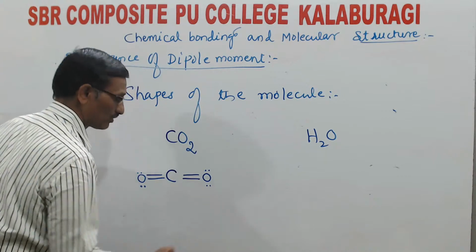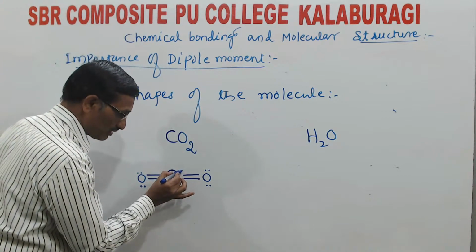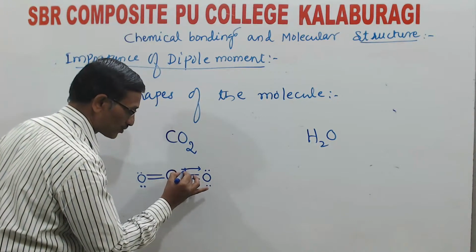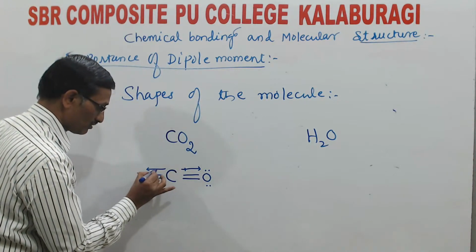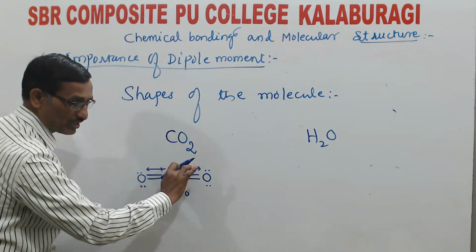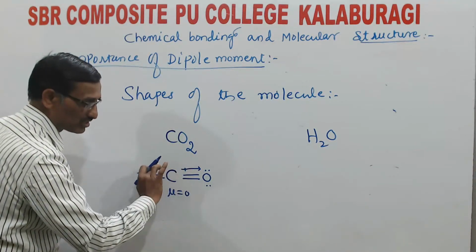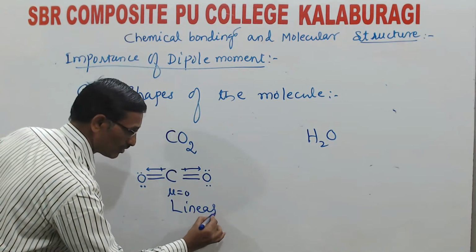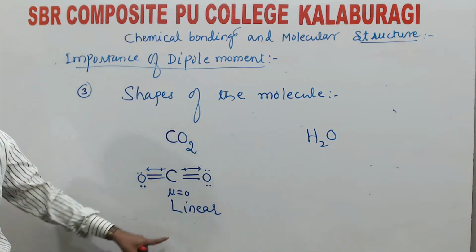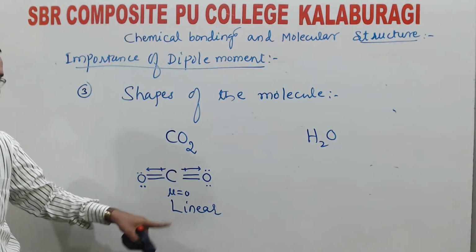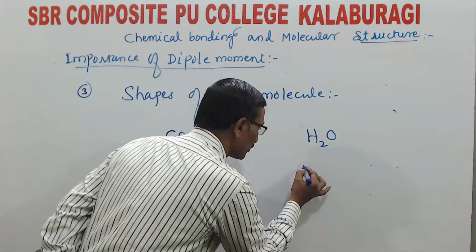See, this C double bond O bond is in this direction, and the other is opposite. Exactly how much is the angle? 180 degrees. When it is 180 degrees, it is linear. Linear in nature, that we have to remember. What about our water molecule? See here.